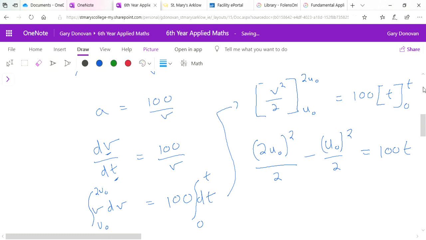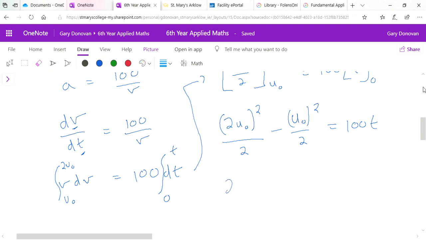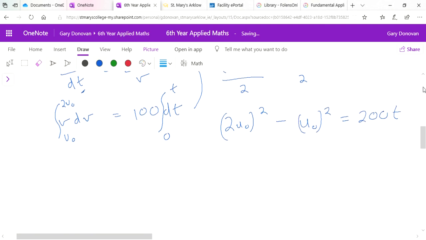I'll multiply across by 2, and that gives us 2u0 all squared minus u0 all squared equals 200t. 2u0 all squared is 4u0 squared, and that's why the brackets are important, because otherwise you might forget to square that 2. Minus u0 squared equals 200t, which is 3u0 squared equals 200t.